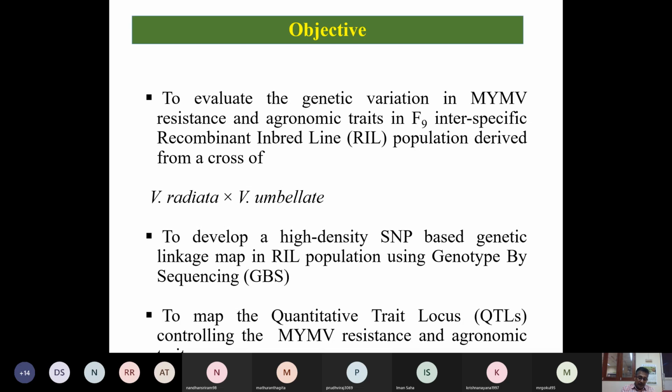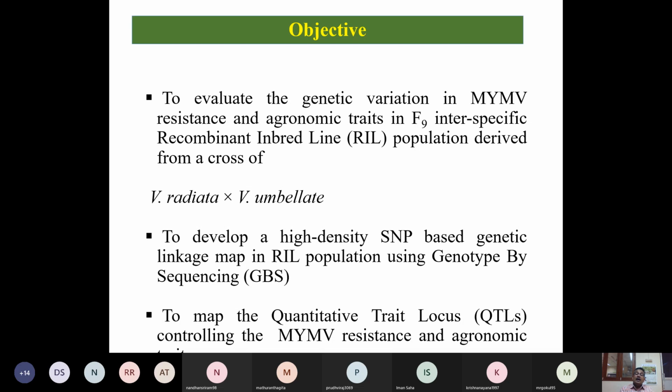Another thing we already discussed is the type of marker system which you are using. There have been many marker systems over many periods, but the marker system you choose should be cost effective, and it should also be highly polymorphic. In the present day, SNP markers show more and more polymorphism. You can get polymorphism at any locus, and more markers can be used.